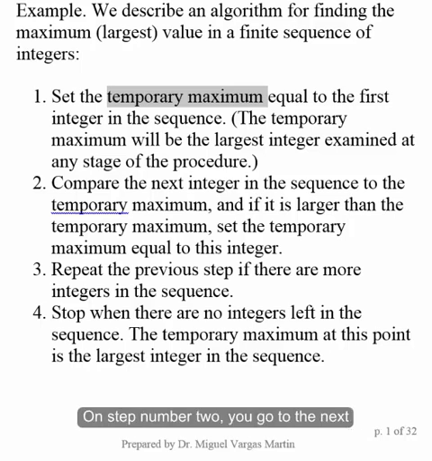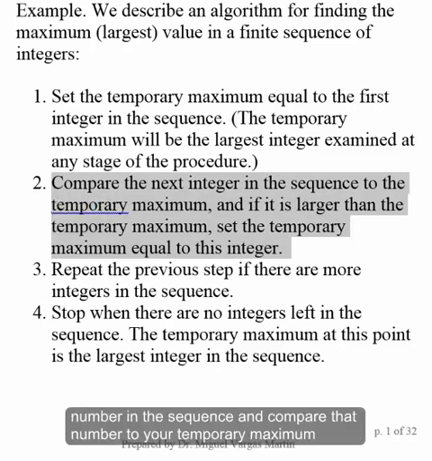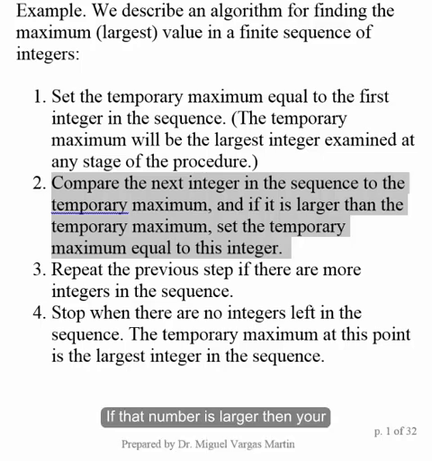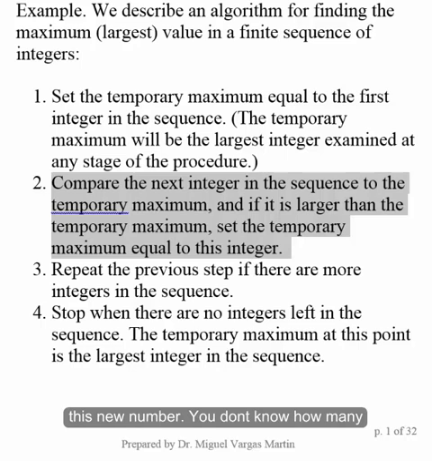And then on step number 2, you go to the next number in the sequence and compare that number to your temporary maximum. If that number is larger than your temporary maximum, then your temporary maximum will be this new number.